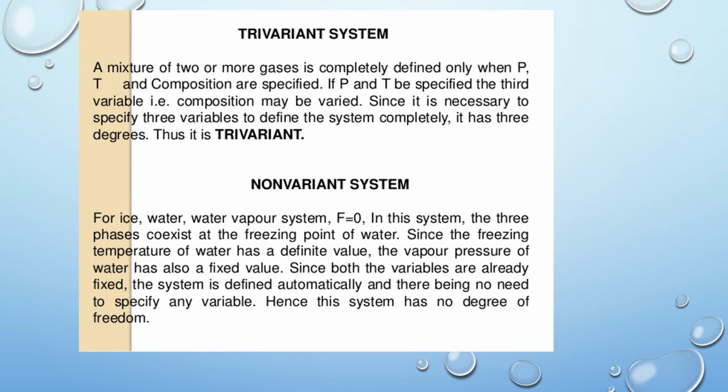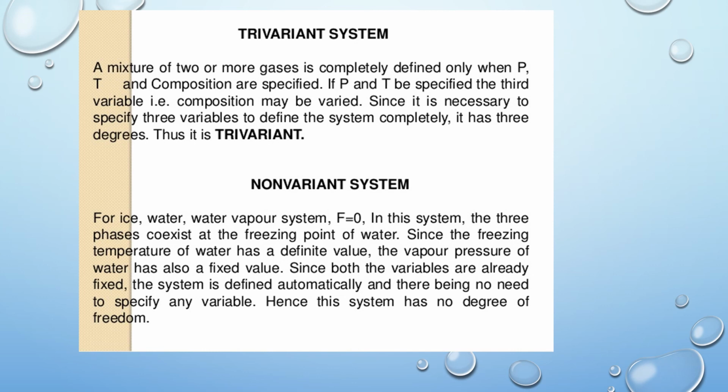Trivariant system. A mixture of two or more gases is completely defined only when pressure, temperature, and composition are specified. If pressure and temperature be specified, the third variable, that is composition, may be varied. Since it is necessary to specify three variables to define the system completely, it has three degrees of freedom.